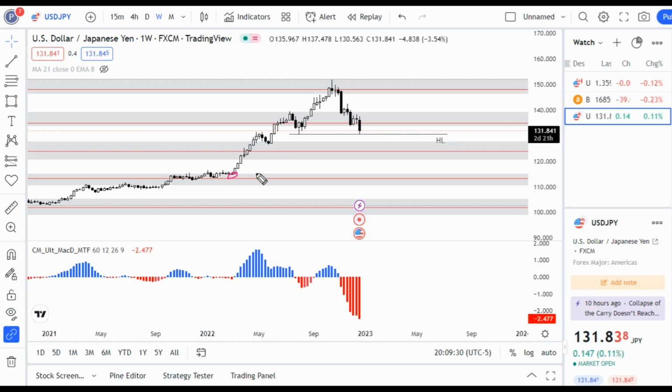So for us to draw a trend line, we will say here is a low with physical observation. Here also is a low, and here is also a low, because you can see this is where the impulse move actually starts.